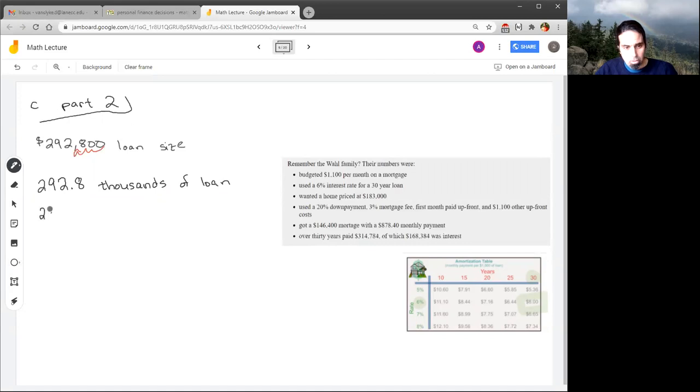We'll take the 292.8 and multiply it by the $6 from the table.